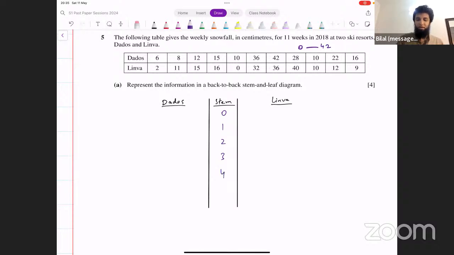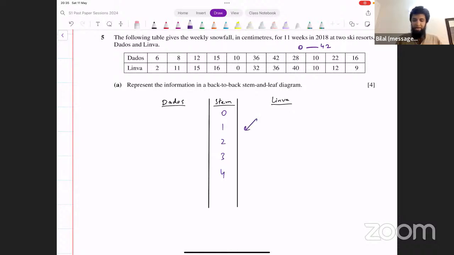For example, if there was no 22 and no 28 here, and if these two values did not exist, that would not mean that you skip 2 from here. You can't skip any value. In the stem, values have to be in order, and you cannot skip any number. Okay, you have to write down all values. So 0 to 4, we write values this way.